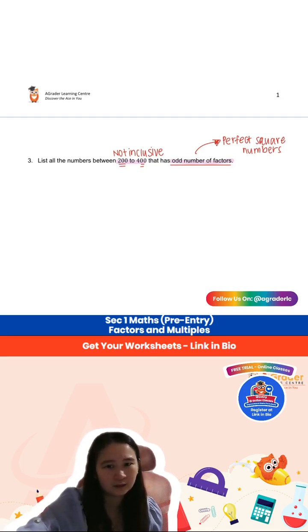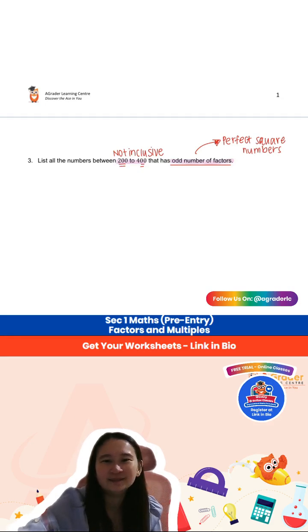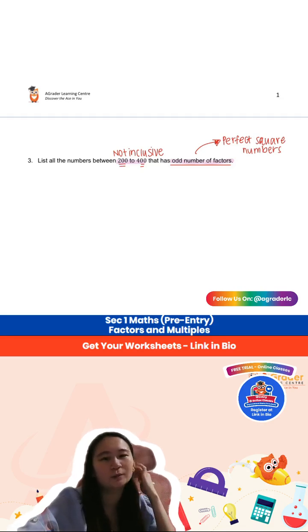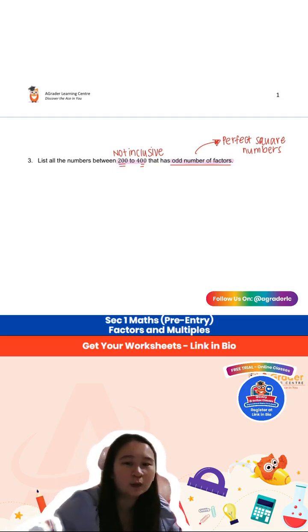Okay, 225, yeah, correct. It's a perfect square number, so you can just find which two numbers multiplied together, of the same number, will give you an answer that's between 200 to 400.